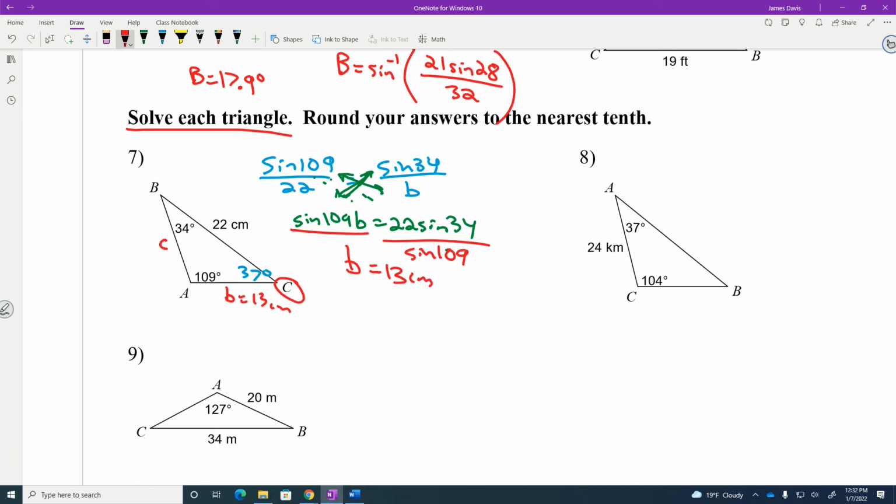All right, we've got one more to get though. Can't stop yet, we've got to get little c. So we use the same ratio that we used up here. We did that same one, sine 109 over 22. And we'll set it equal to sine 37, so that's big C, over little c. We did the same process, sine of 109 times c equals 22 sine 37.